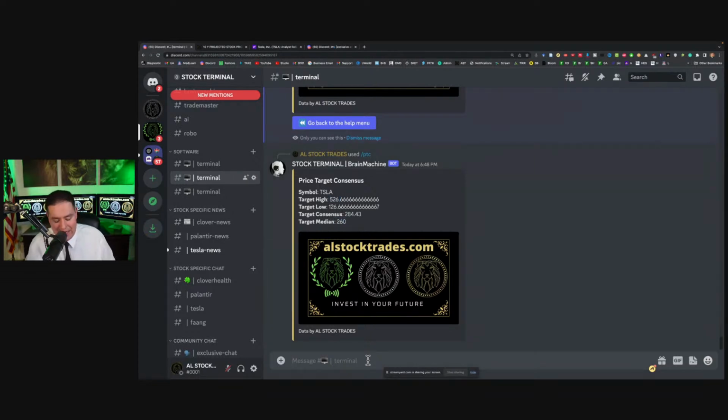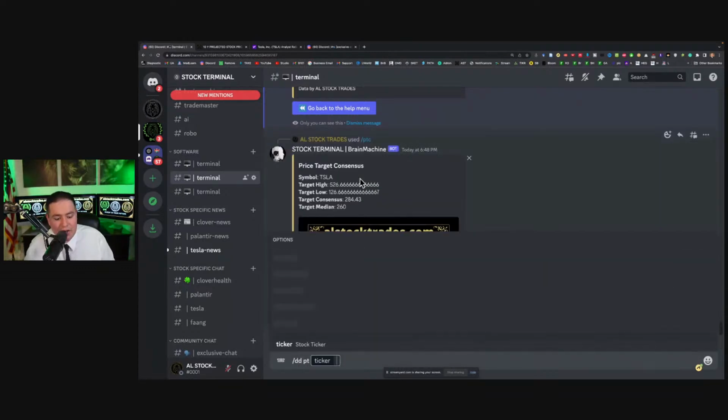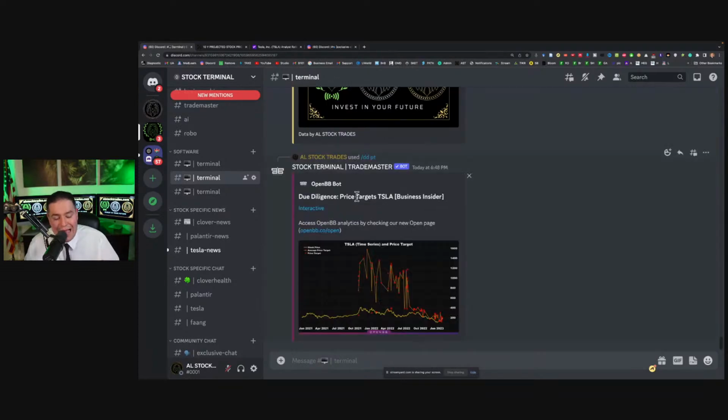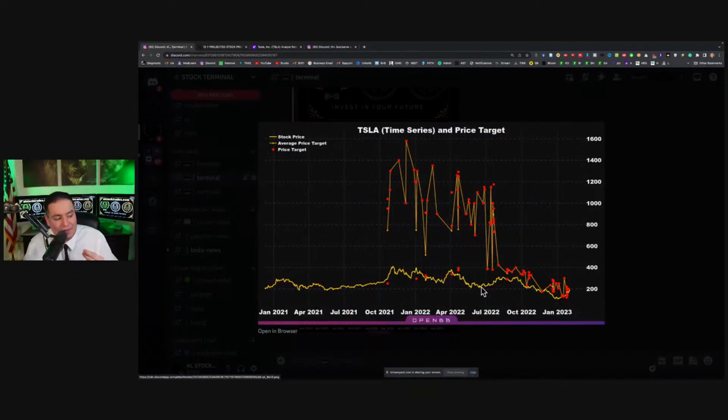Now, if we move on to the price target on an analyst display, I find this really interesting because if you pull up this graph, what you see is every time the stock price drops, which is in this bright yellow here, the analyst price targets drop as well.